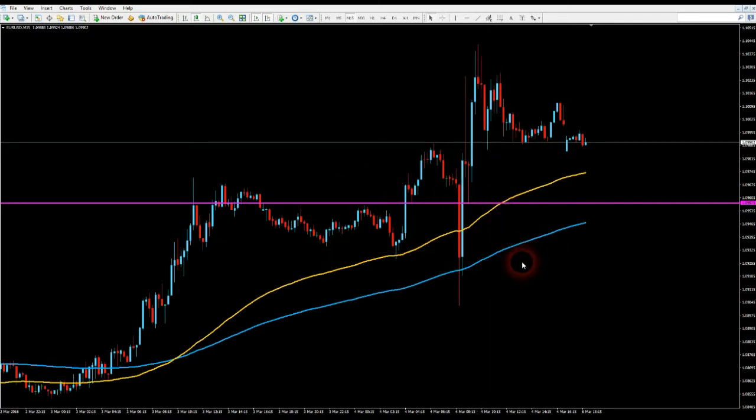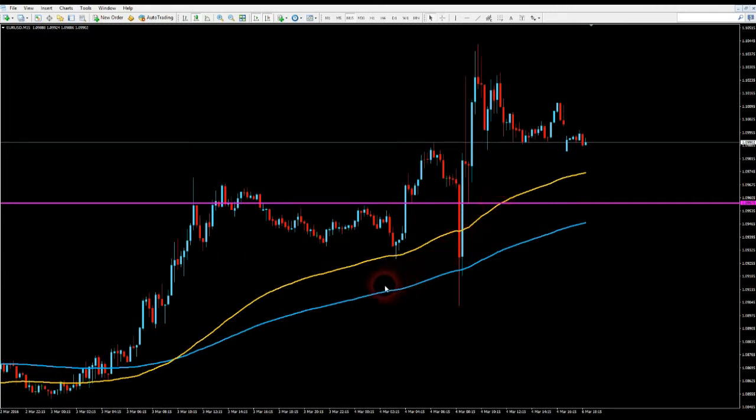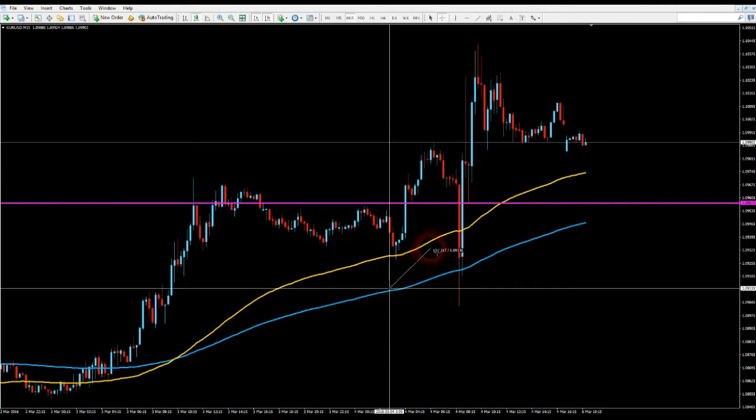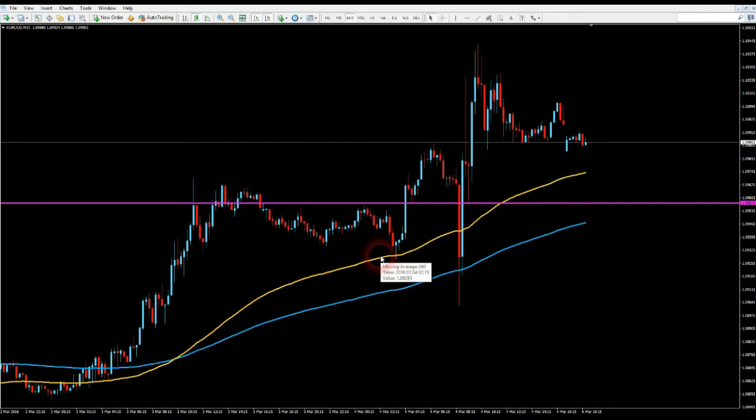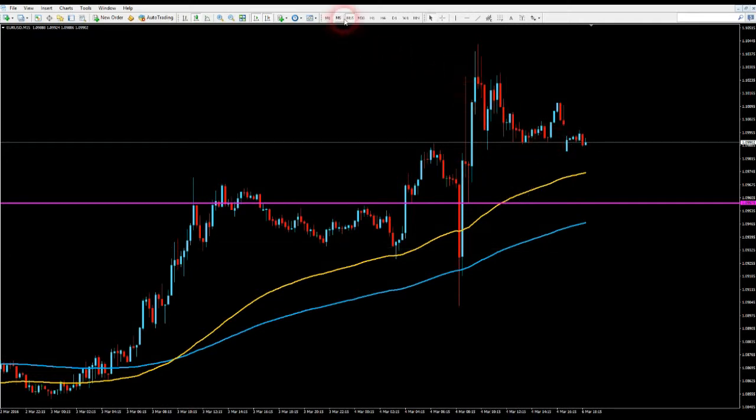Any moving average you plot, regardless of the periods you choose, you will have a distance between them. So the distance between them, and the distance between the candlesticks themselves, actually will tell you about the strength of the trend. So the more the distance, the stronger is the trend.